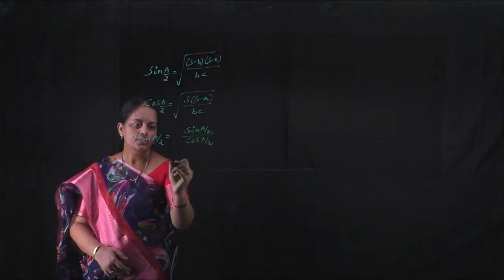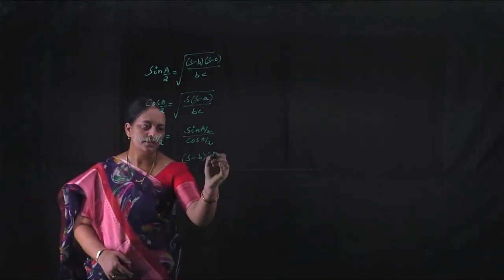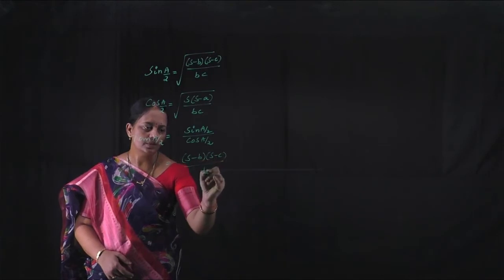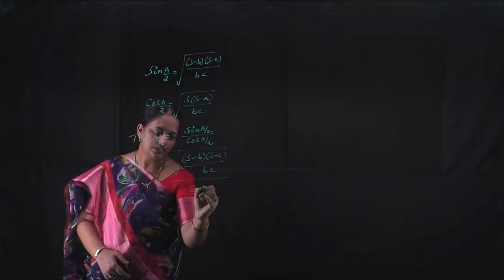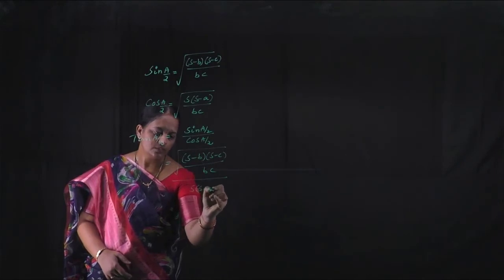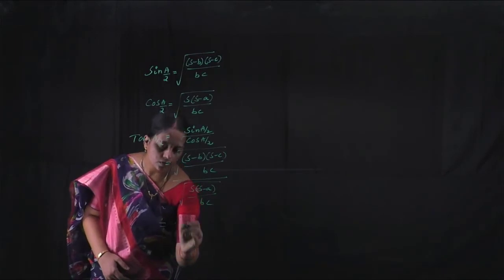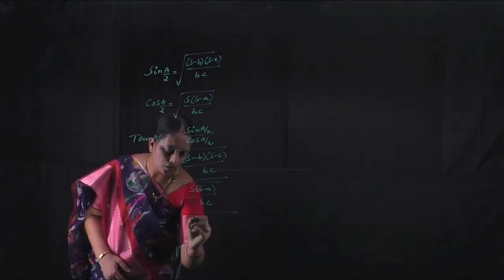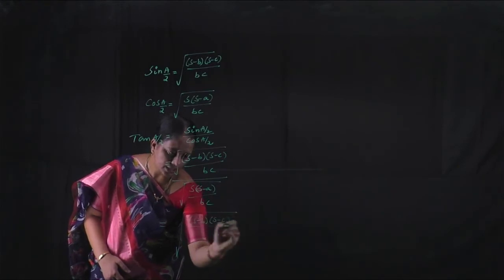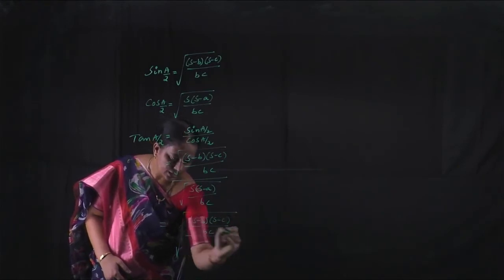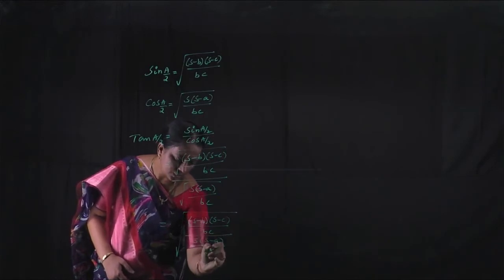This is equal to sin A/2, that means root of (s−b)(s−c)/bc, divided by cos A/2, that means root of s(s−a)/bc.